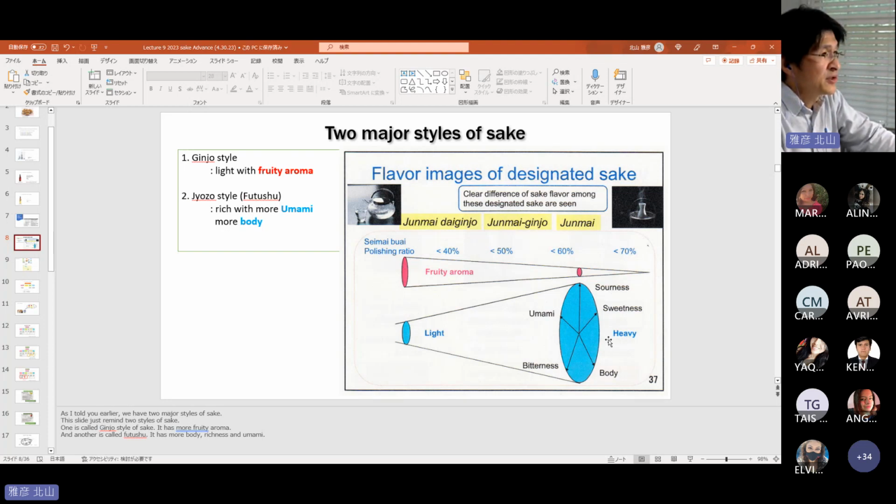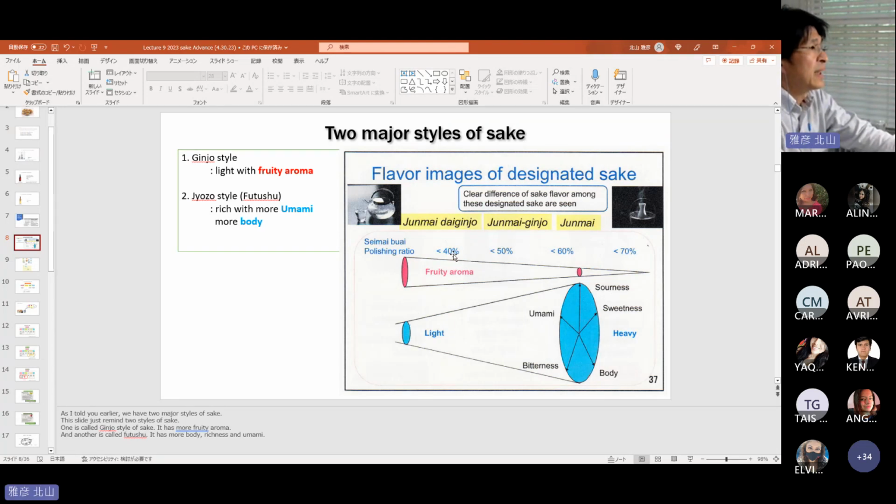Sake produced with 70 or 60% polishing rate has more body, but less fruity aroma or floral aroma. But ginjo or daiginjo sake is produced with a polishing rate of less than 50, and we can call it daiginjo. It has more fruity aroma or floral aroma, but the body is not very heavy, a very light body.